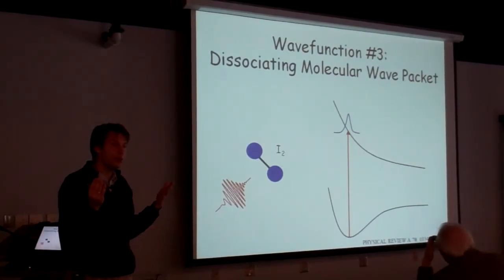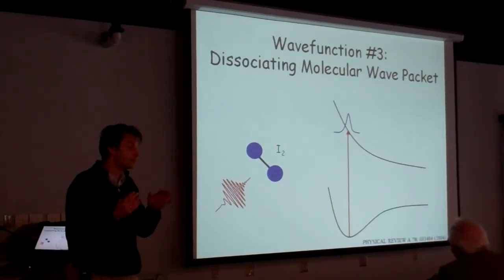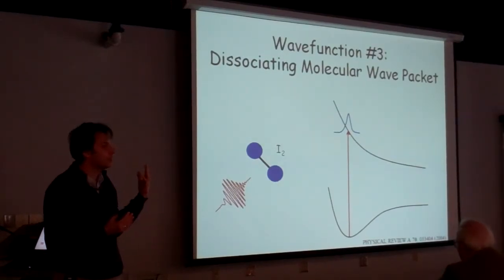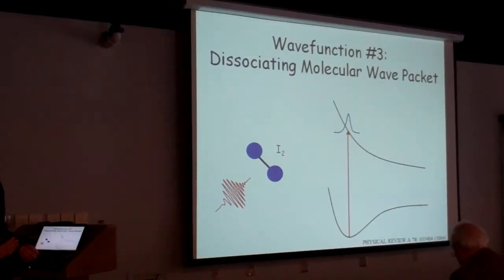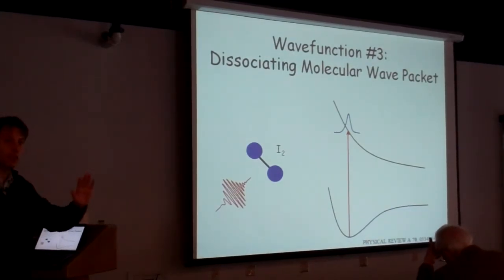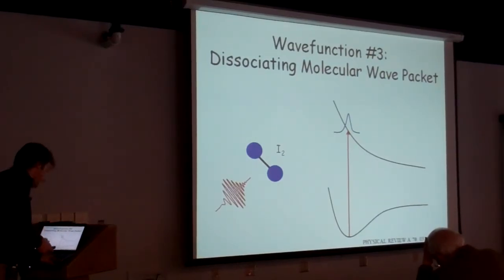So if you can make a momentum space wave function measurement, or a velocity-dependent measurement, then you can recover the phase as we've talked about earlier. And this is exactly what they did. They used a technique that we talked about briefly earlier, velocity map imaging, to measure the wave function in velocity space or momentum space of the dissociating molecule, and they were able to look and see interference there.